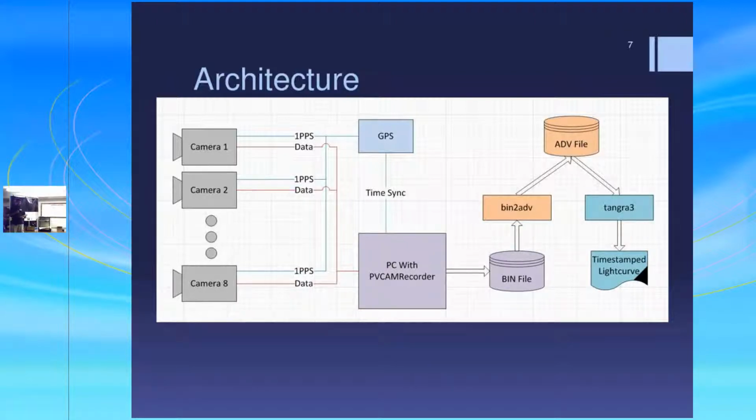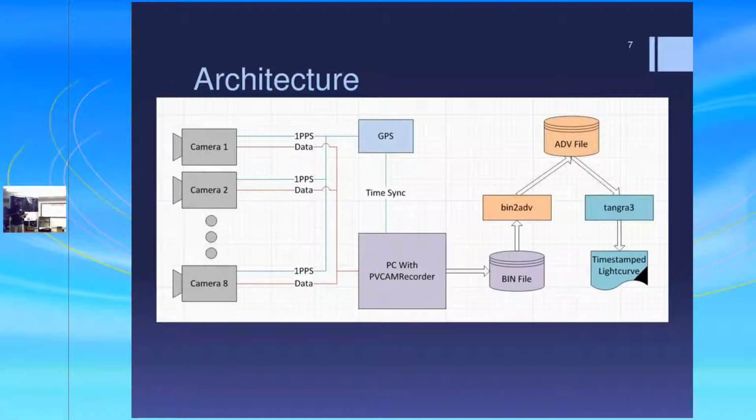On the left, the architecture diagram shows up to 8 cameras may be controlled. In practice, though, a typical PC can only handle 2 or 3. The GPS device synchronizes the PC's time, and its 1 PPS pulse is used for triggering the cameras.